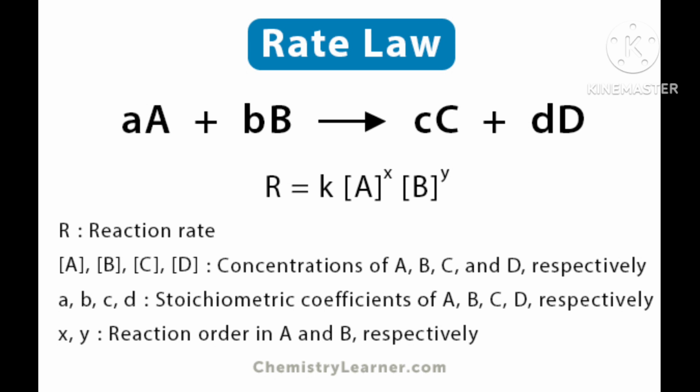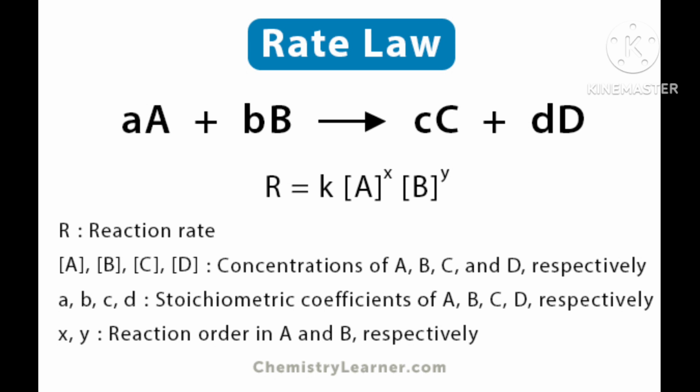Then minus dR upon dt is equal to k into molar concentration of A power x into molar concentration of B power y. I will tell you the meaning of x and y.